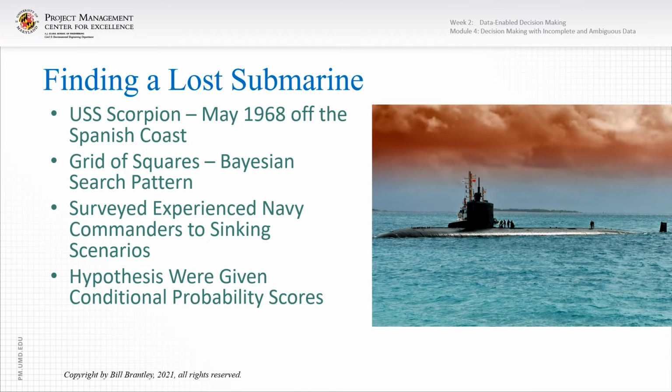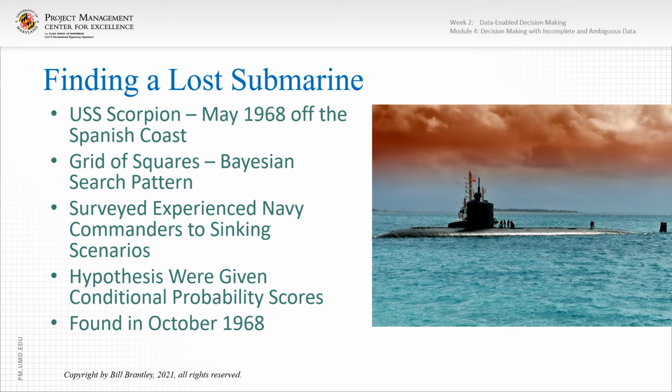The hypotheses were given conditional probability scores, and as the search teams checked each grid and found that the submarine was not there, they would update it, and that would affect the probability of the other squares that were not yet searched.